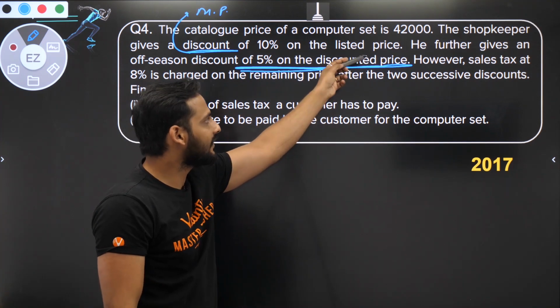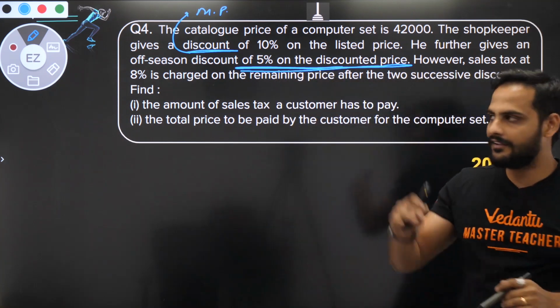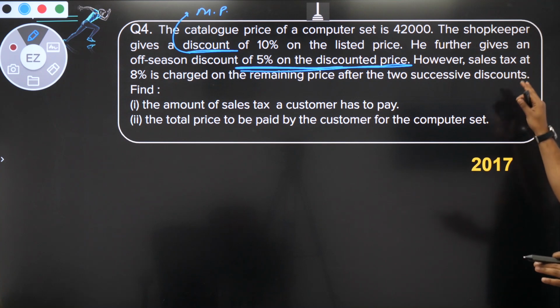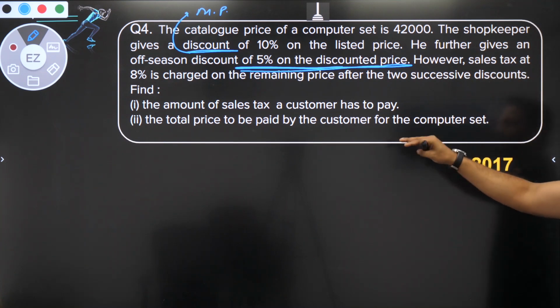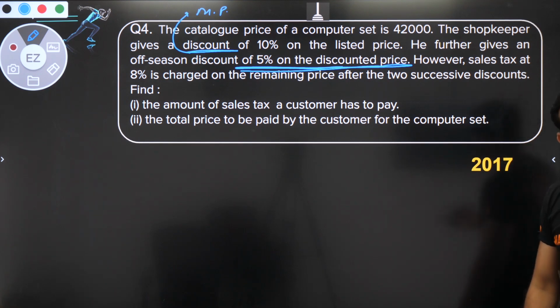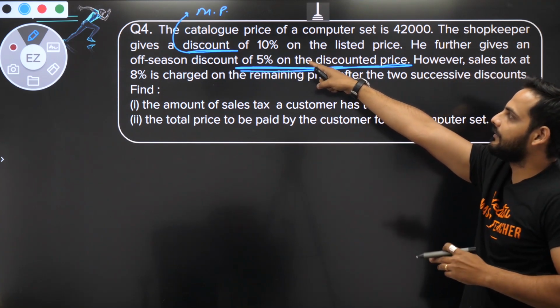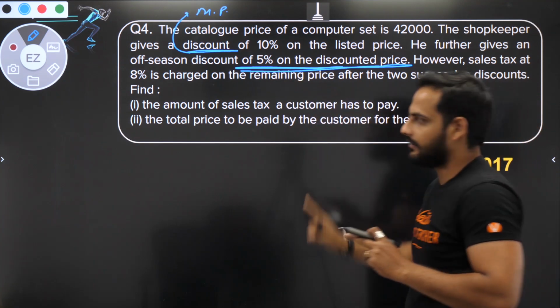That means after getting the second discount also, on whatever is the remaining price, 8% sales tax is charged. Find out the amount of sales tax a customer has to pay and the total price to be paid by the customer for the computer set. Okay, let's start. So first thing I need to find out is the discounted price. What will be the discounted price after the discount of 10%?